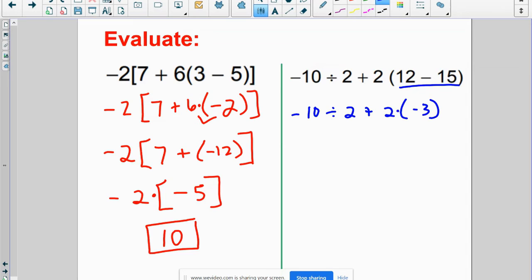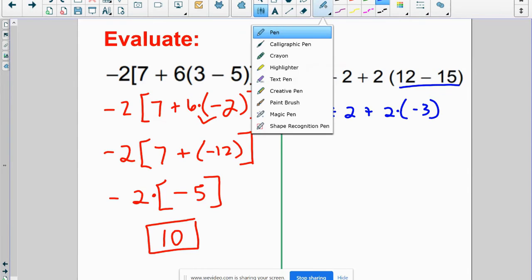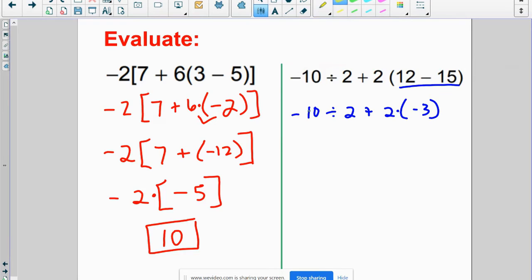Remember, that's that hidden multiplication. So what do we do first? Let's see, we did the parentheses step. There are no exponents. Next, we look for multiplying and dividing, and you work left to right. So we're going to start with this division, and after that, we're going to go ahead and do the multiplication and see what we have. The division, negative 10 divided by 2 is negative 5.